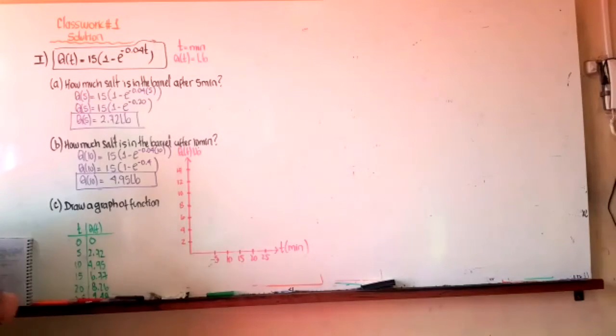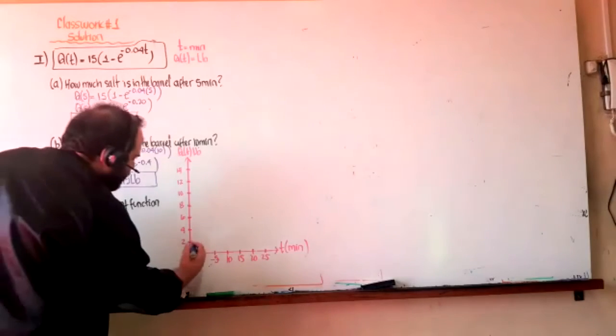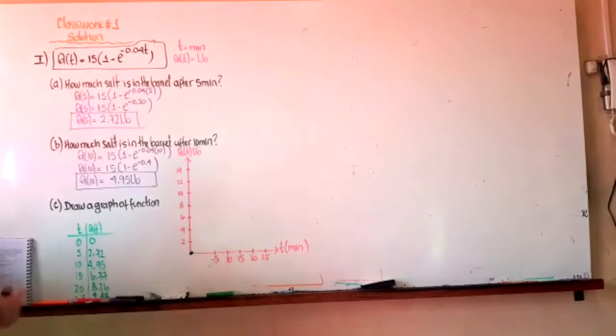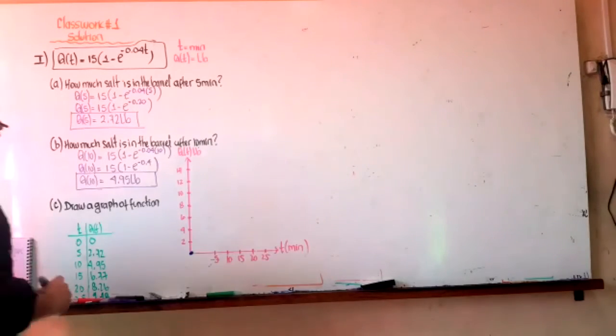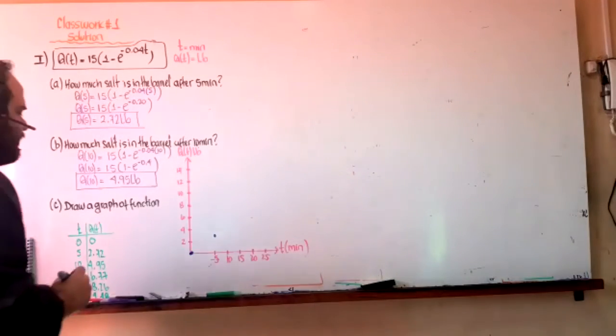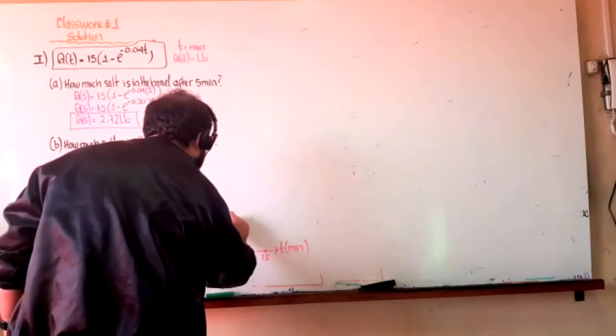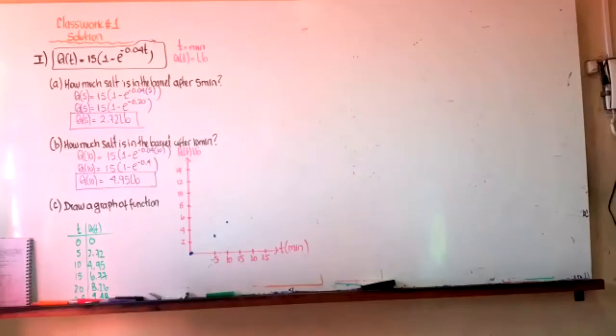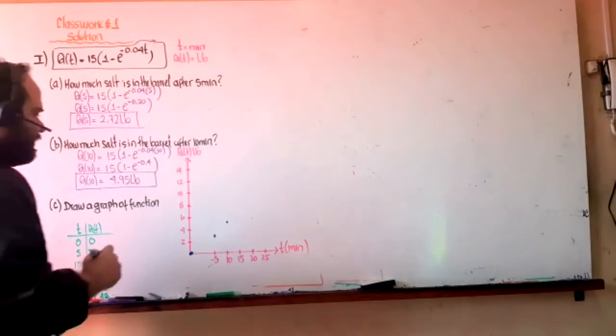So in the first one, 0 with 0 will be located over here. In the second one, 2.72 approaches over here. With 10, 4.95 approaches over here.